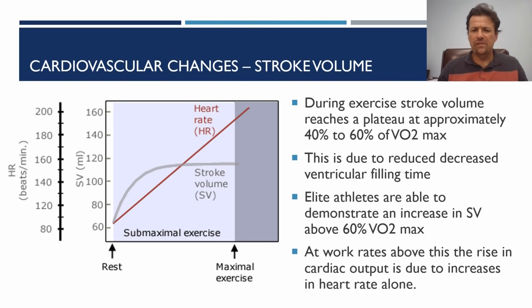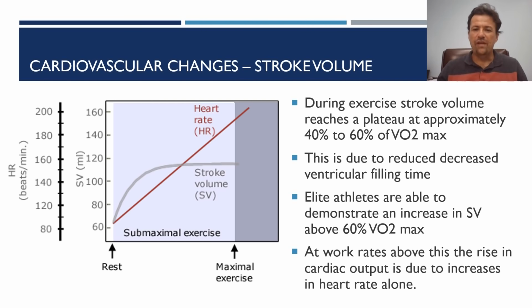So as exercise intensity increases, so does stroke volume. And the reason for this is because also as stroke volume is increasing, heart rate is increasing. And we know once heart rate is increasing, the ventricular filling time is decreasing. Remember, if heart rate gets quicker, ventricular filling time has to slow down.